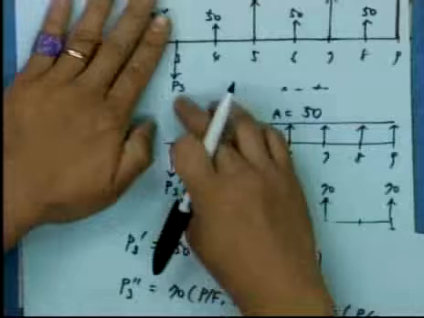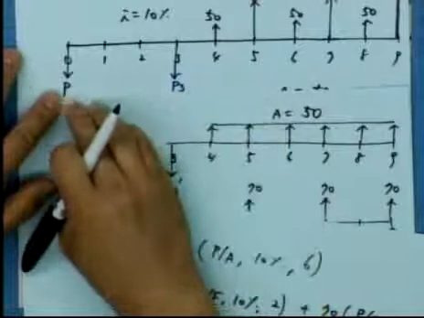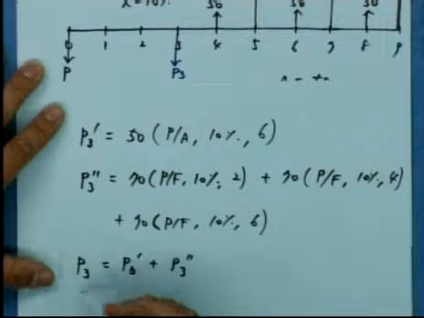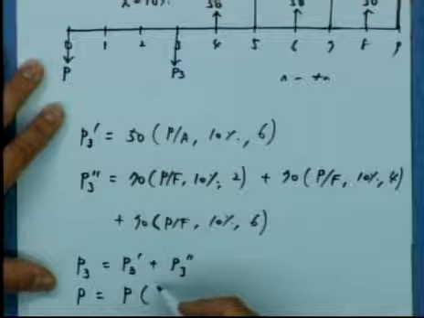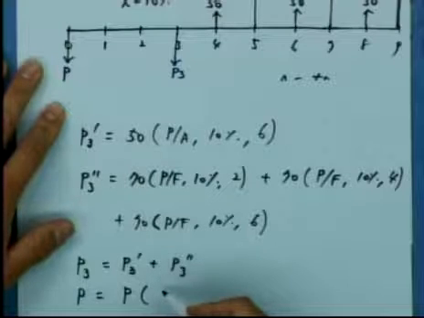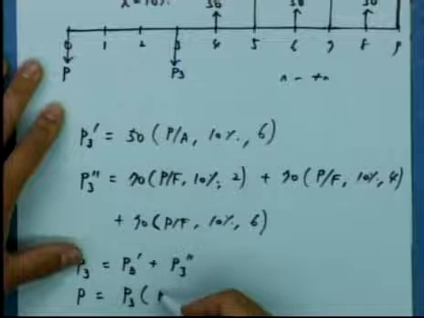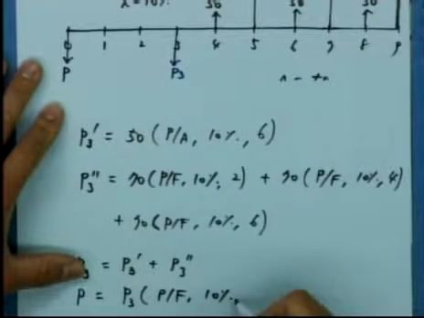And once you get P3, you need to convert it to the equivalent present sum of P. So here P equals P3 times P given F, and 10% over 3 periods.